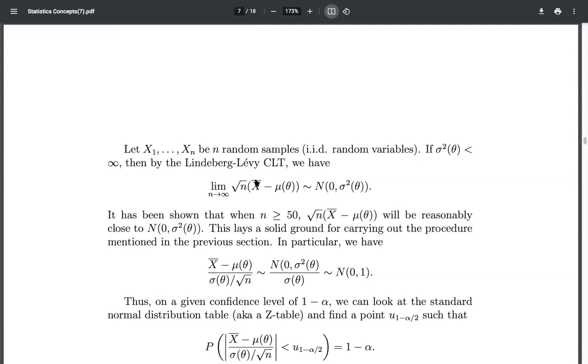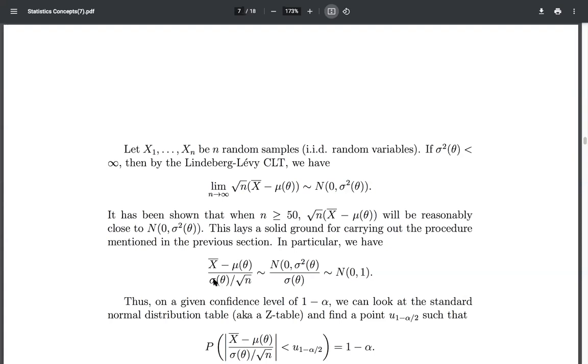your sample average, minus the true expected value, that's what we want to know, assuming that it has a parameter, and times the square root of n, will converge to a normal distribution with expected value 0 and variance sigma star. So you want to convert this back to a standard normal distribution so that you can use that table.